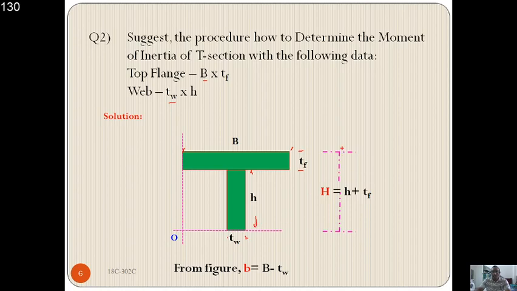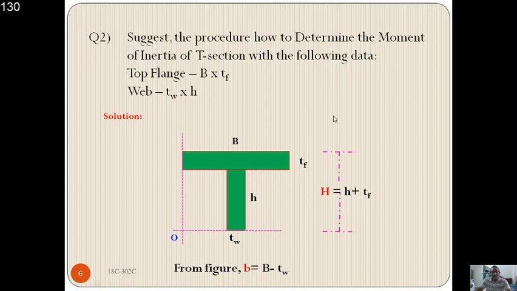Then identify the overall dimension capital H, that is small h plus Tf, and similarly small b. Why are we calculating these capital H and small b? We want to examine whether the hollow rectangle method is applicable to find the centroidal axis.